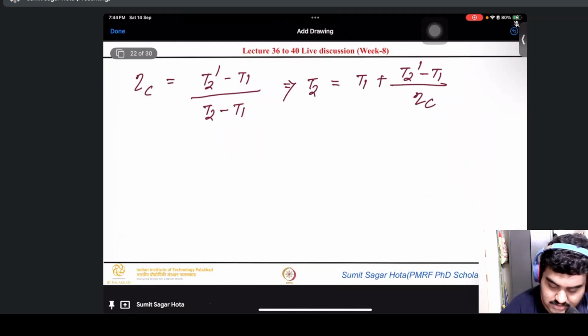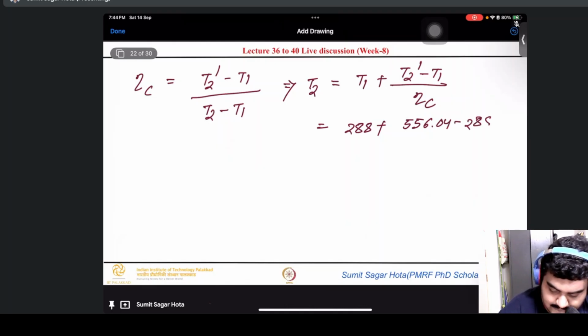Substitute all the values we have, compressor efficiency 0.85. If you solve it you will get 603.34 Kelvin.